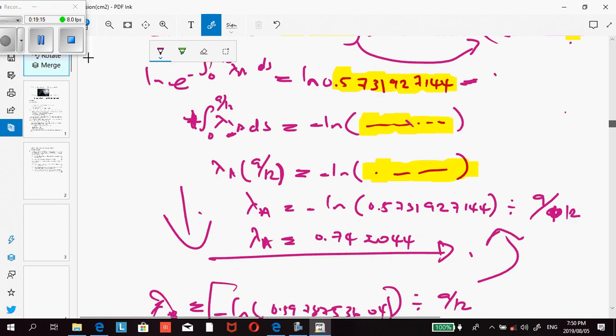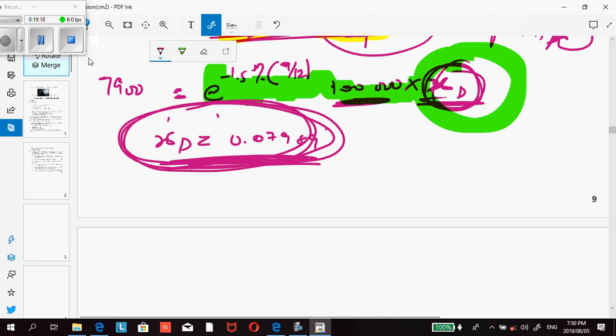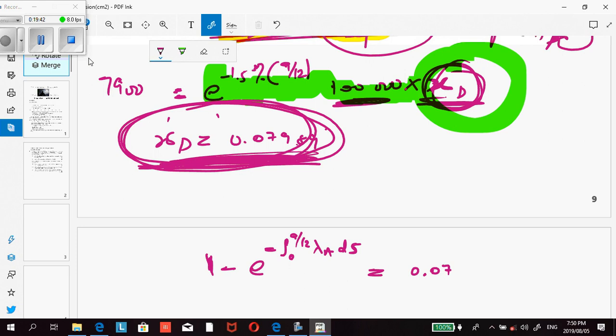corresponding constant rate. Now remember, if this is the probability of default, under the two-state model, the probability of default is given by 1 minus e to the power of minus the integral from 0 to 9/12 of your transition intensity ds, and that must be equal to the probability of default, which is 0.07989.